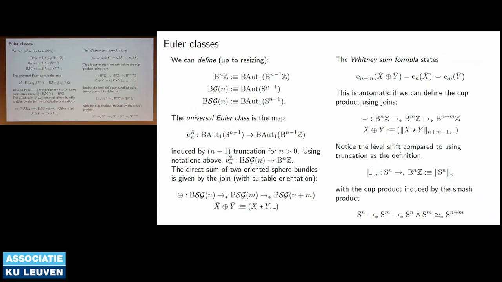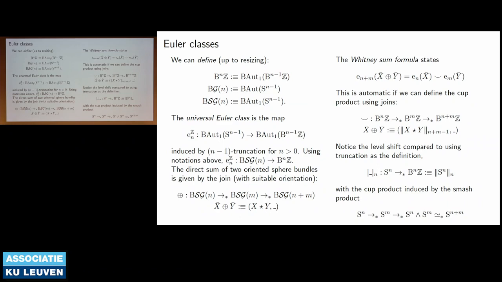Right, so here's how to define the universal Euler class. For the purpose, again, of this paper, let's define the nth delooping of the integers, which is the Eilenberg-MacLane space K(n,Z), as this type of oriented B^(n-1) sets, or K(n-1) sets.